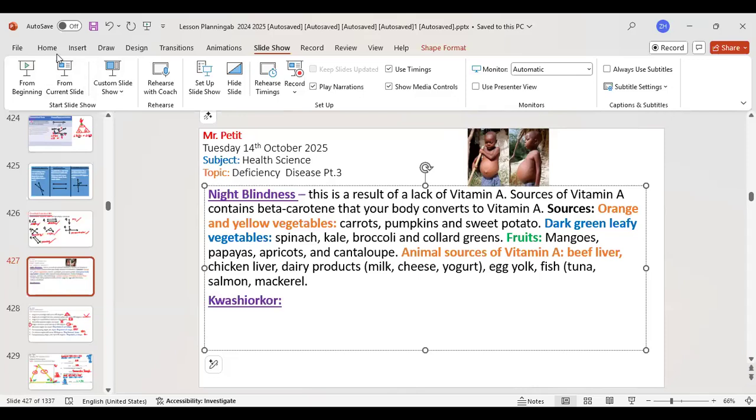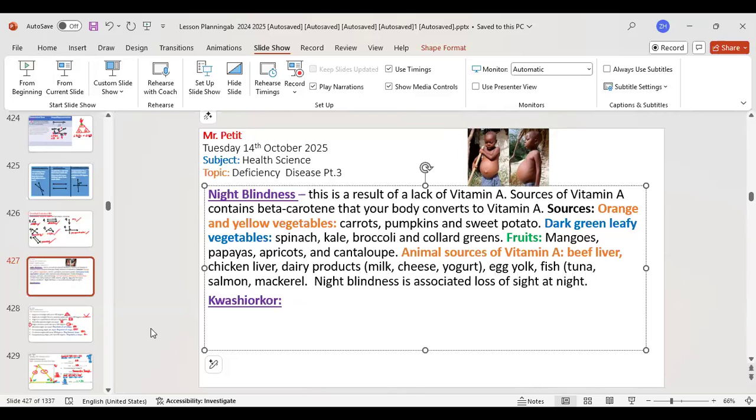All right, Kwashiorkor. So this is basically when you have an enlarged or puffy stomach. Oh, before we get to this, night blindness is associated with loss of sight at night.